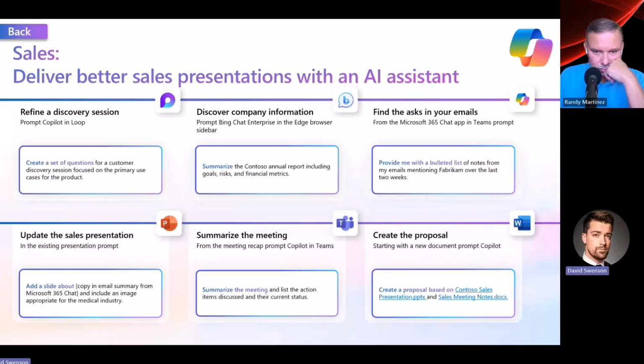Because I've got that graph grounded data, I'm going to summarize all of what you're asking me. And I'm also going to contextually use the information that you happen to be looking at today right within your browser as part of my analysis. Then you need to refine your discovery even more. You say, okay, provide me with a bulleted list of notes from my emails mentioning Fabricam over the last 2 weeks.